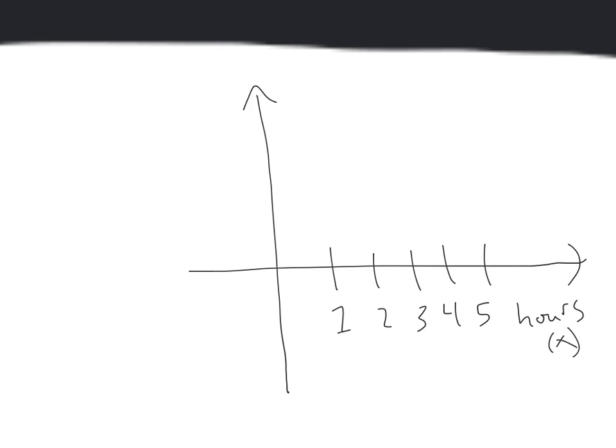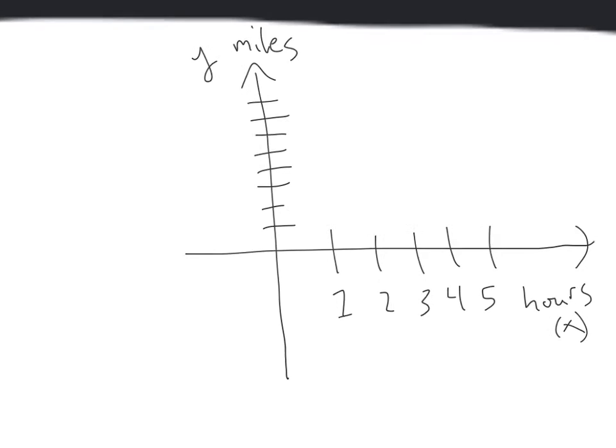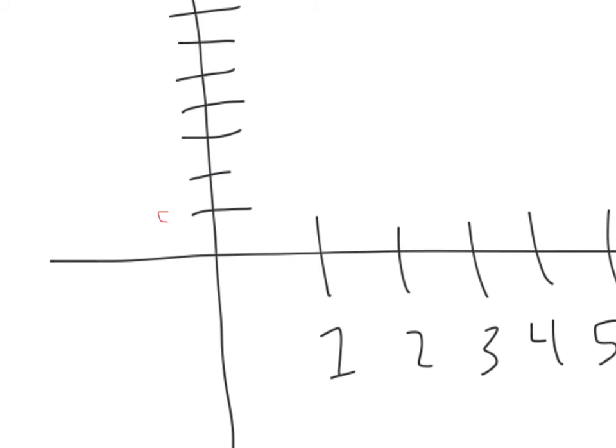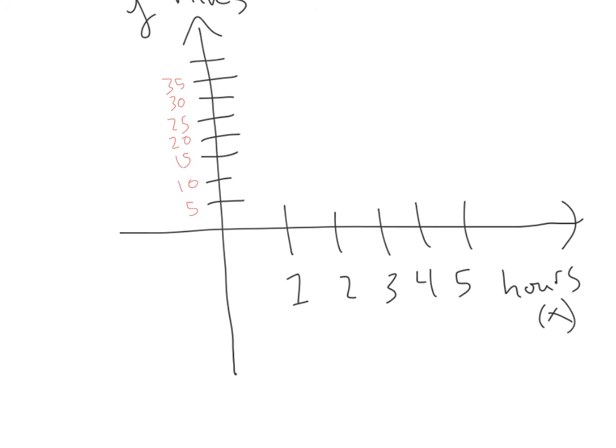And this is your x direction. And this is your y direction, which is miles. And here they go by 5s. Let me zoom in on that. So that'll be 5, 10, 15, 20, 25, 30, 35. Okay. So this doesn't need to be 100% accurate as long as we get a good sketch.